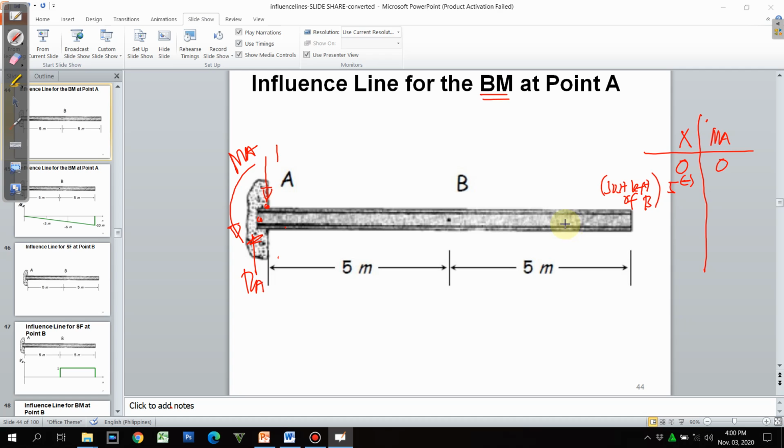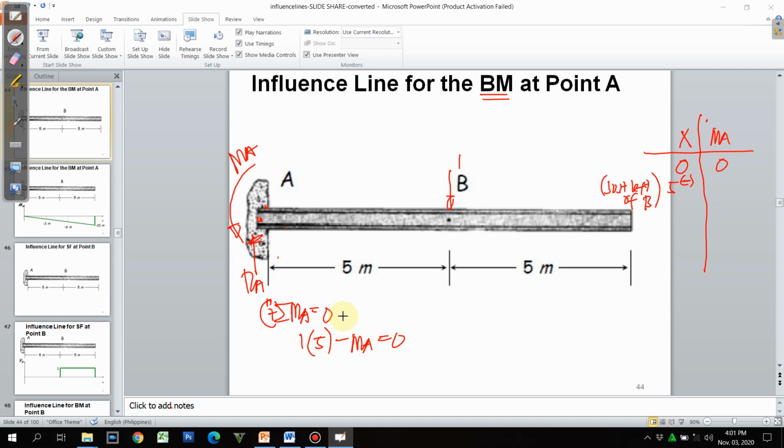And what would be the value? So 1 here will be transferred. Summation moments at E. We have 1 times 5 minus ME is equal to 0.